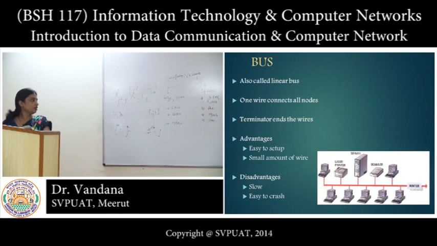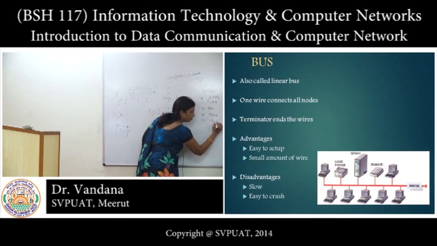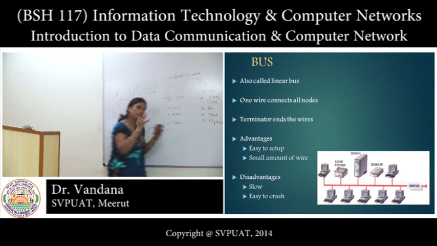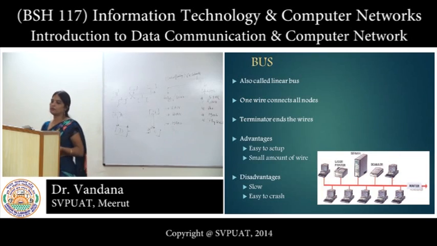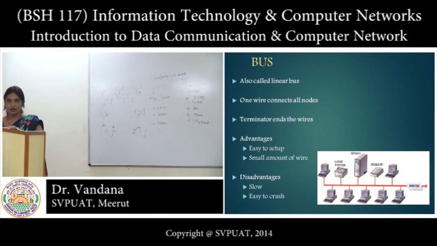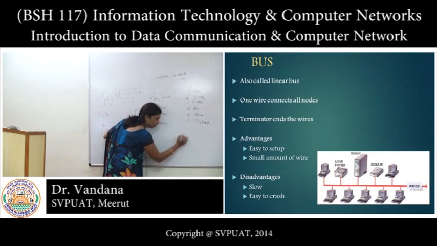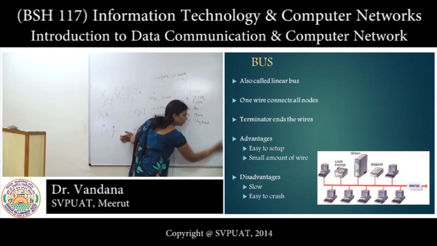And the next topology is hybrid topology, which is better, because when two or more types of topology combine together, it forms a hybrid. I am having a network which is following star type of network, and then I am having another network following probably bus topology.